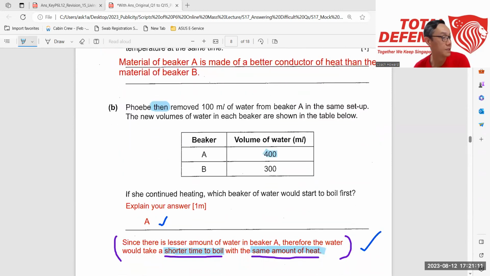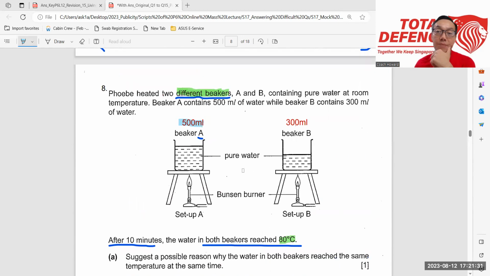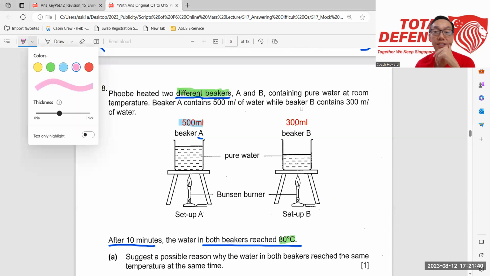Okay, next one, part B is this one. But the question says, oh, let me check. Thank you, somebody highlighted to me. Oh, actually, Dora, I think yours cannot, because there's one condition here.